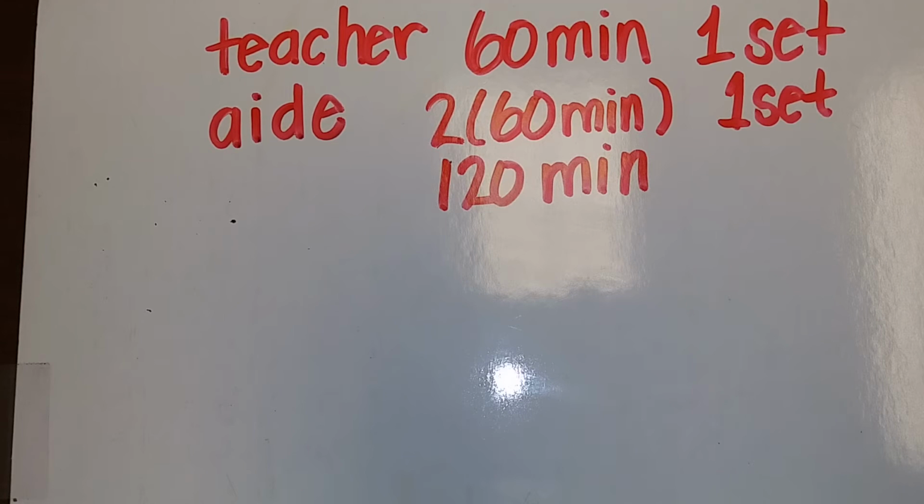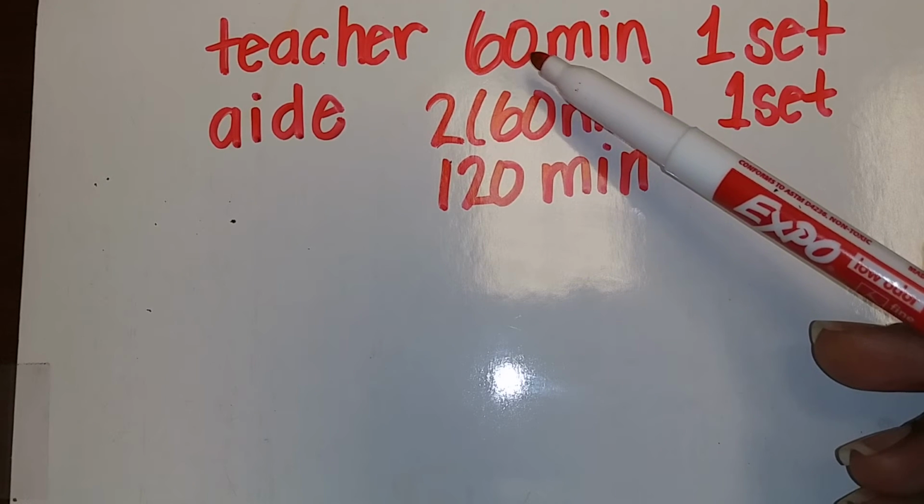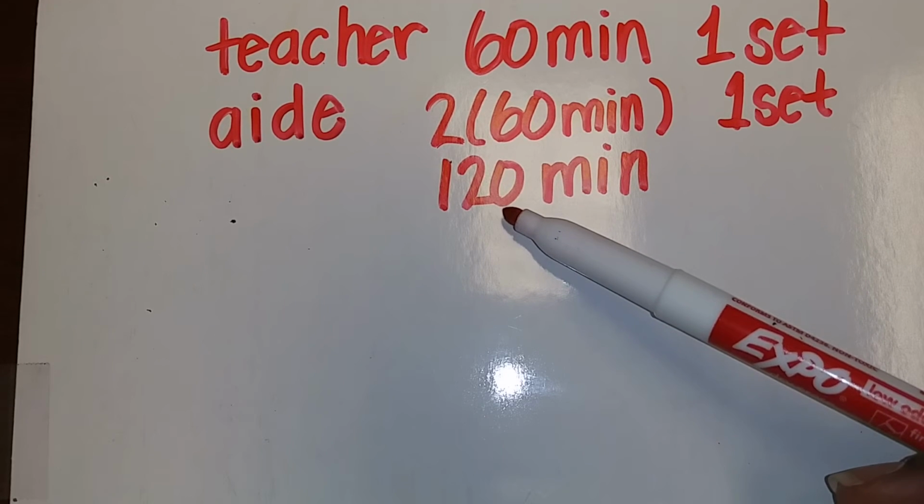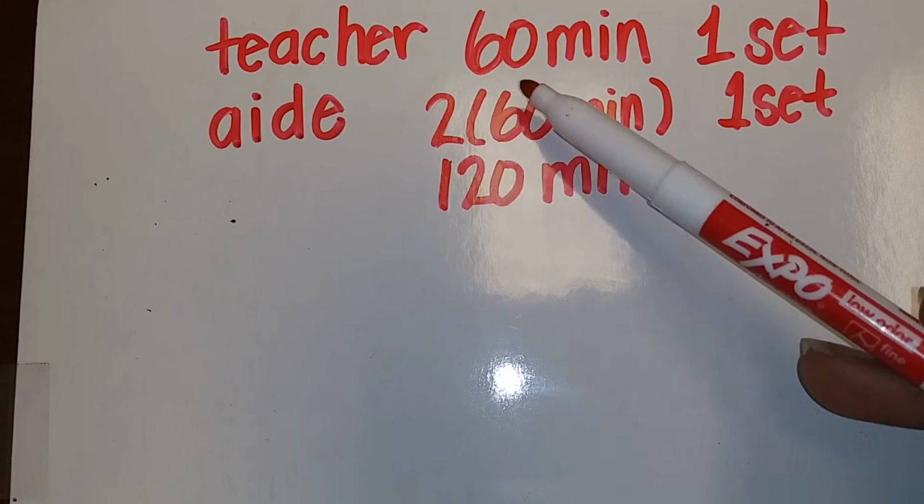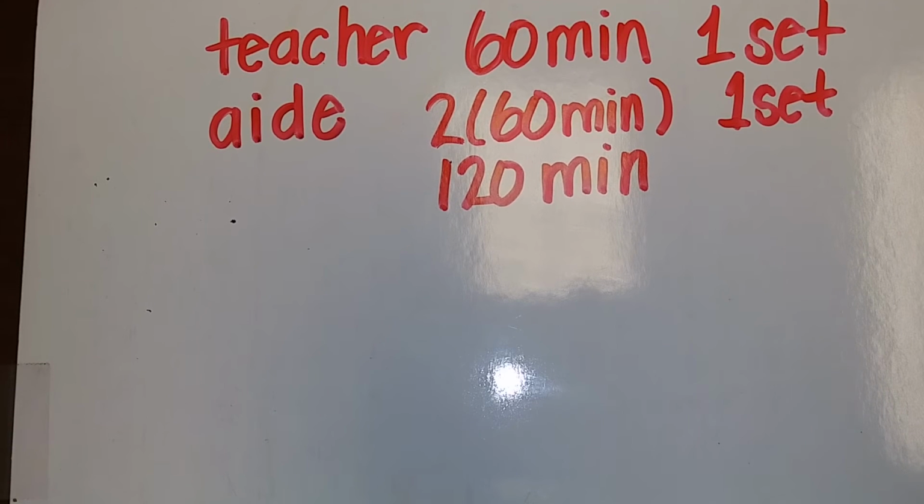When I'm setting up my rational equation, we're going to break it up in parts, and then set it equal to what they can do together. Let's do some mental math. If they work together, what type of answer do you think I'll have? Will it be less than 60 minutes, greater than 120 minutes, or in between 60 and 120 minutes? They're both grading the same set of papers together, splitting the work.